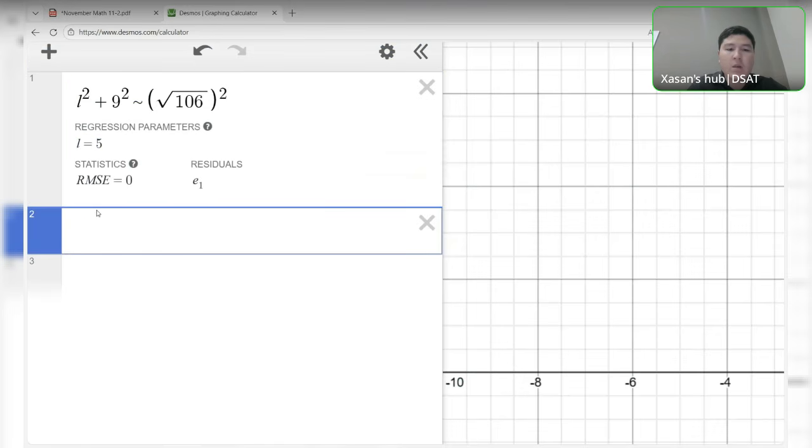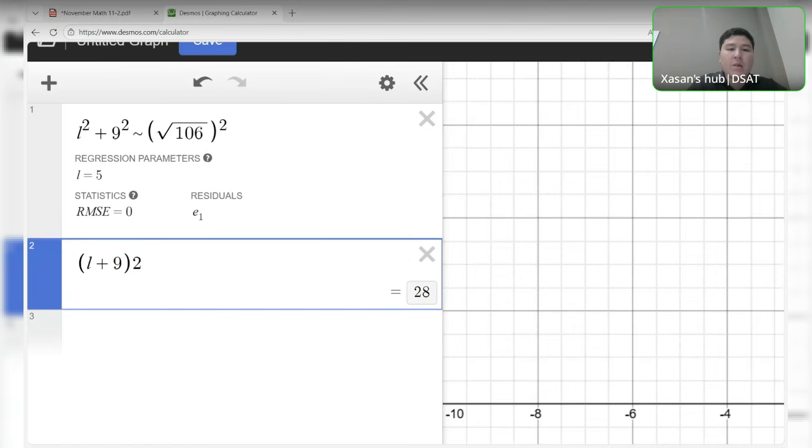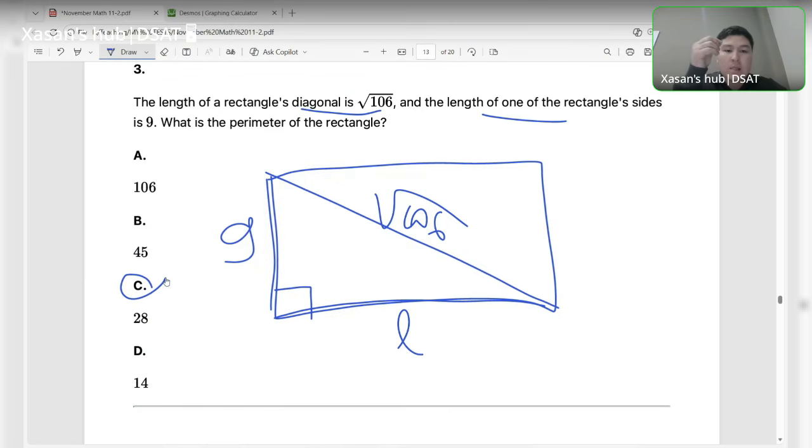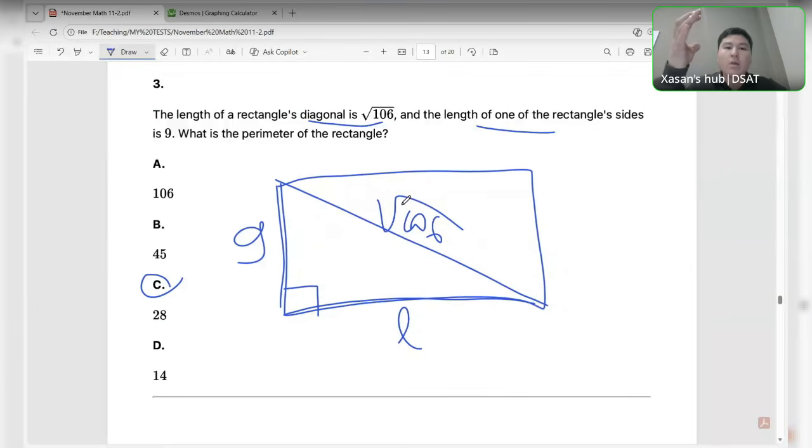The question is asking to find the perimeter. The perimeter is, we know, length plus 9 times 2, which is now 28. Yeah, the calculation part is possible with Desmos, but guys, understand, it is not fully solved by Desmos. You have to know the Pythagorean theorem here, and then the perimeter rule.